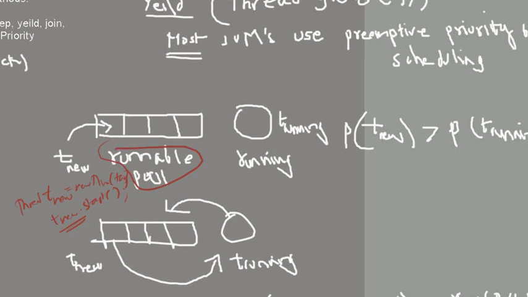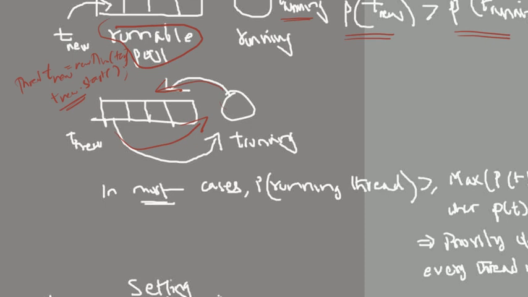Now say for example there is a thread already running. Now the priority of t_new is greater than the priority of t_running. If that is the case, then t_running would be sent back to the pool, and t_new would be given the CPU slice. In most cases, that is what the JVM follows.